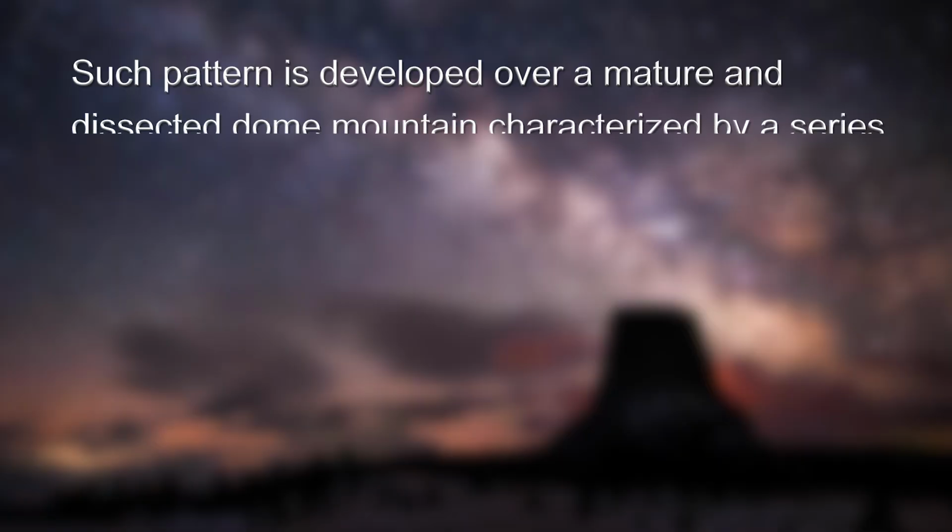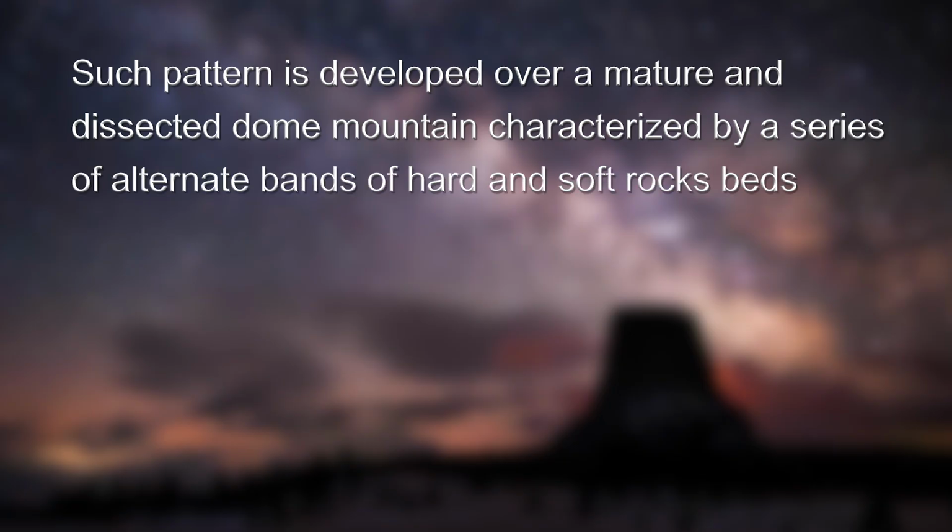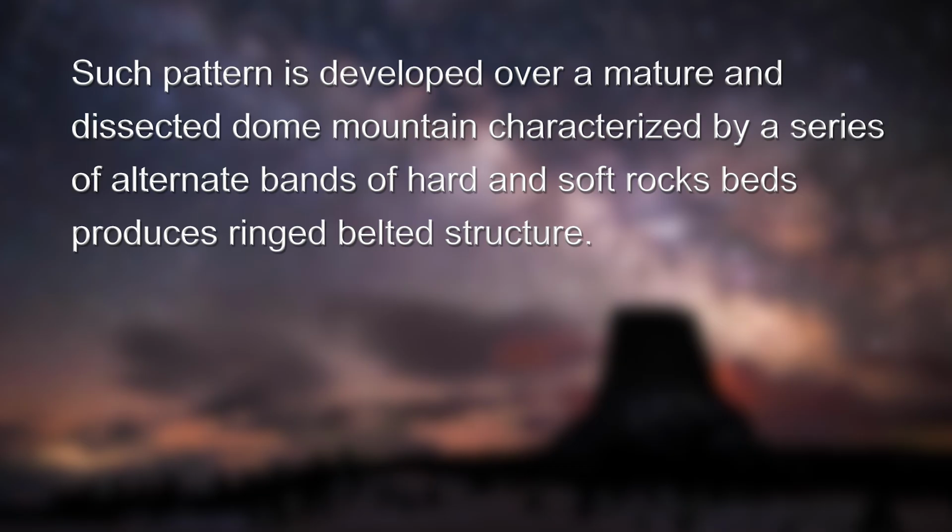Such pattern is developed over the mature and dissected dome mountains, characterized by a series of alternate bands of hard and soft rock beds, which produce a ringed belted structure. In this drainage pattern, the subsequent streams follow curving courses prior to joining the consequent streams.